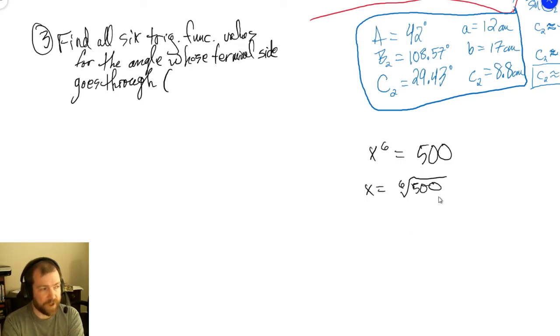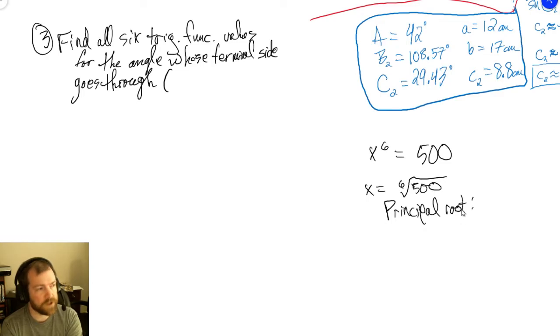This is actually something I'm doing later. So if you want the principal root, then this is just going to be what number, when we multiply it 6 times, gets us to 500.